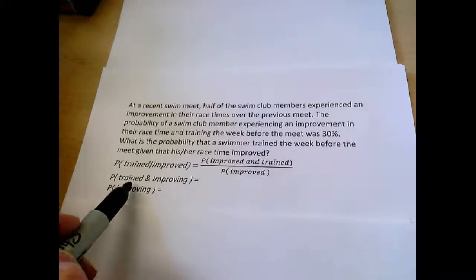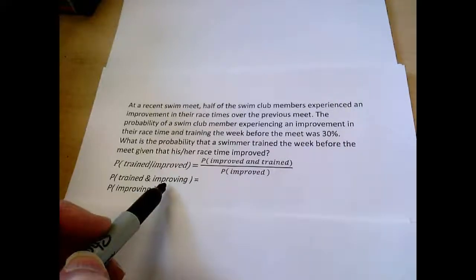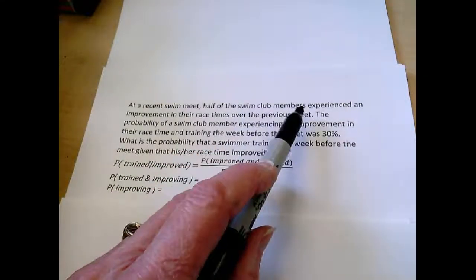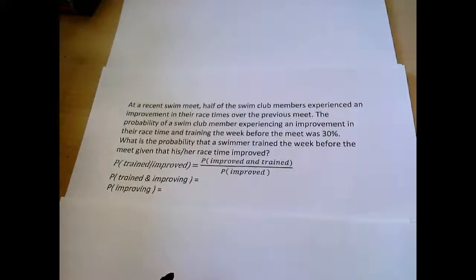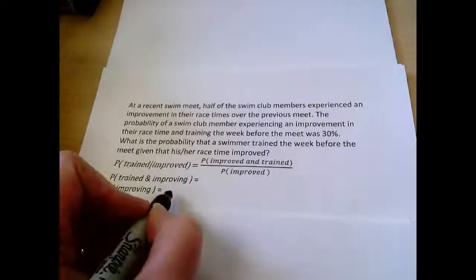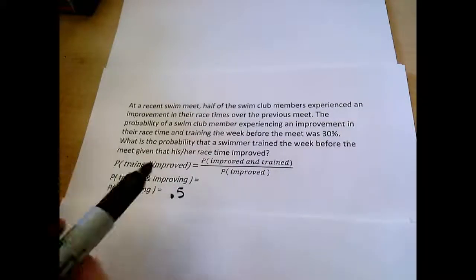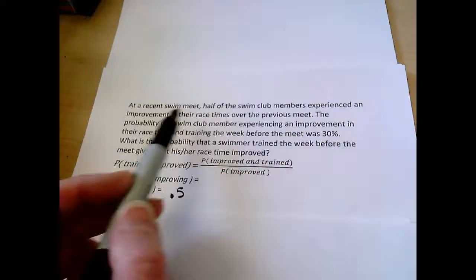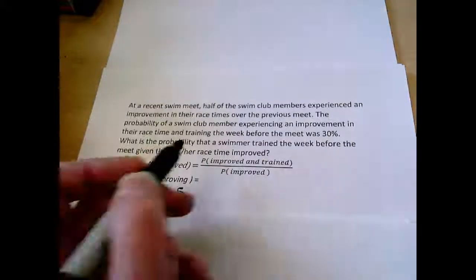So if I think about the probability of where they trained and improved, I go back to the sentence in here that half of the swim club members experience an improvement in the race over the previous meet. So that was our improving. Half is 50%. The probability the swim club member experienced an improvement in their race time and training in the week before was 30%.